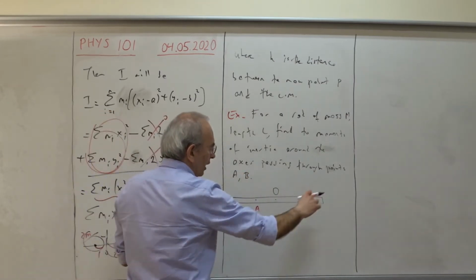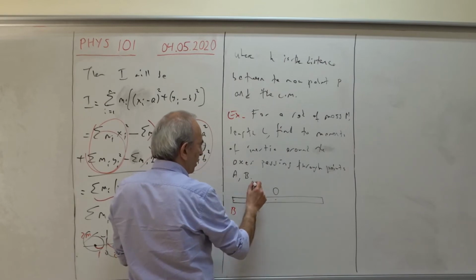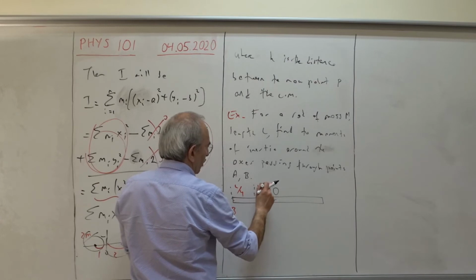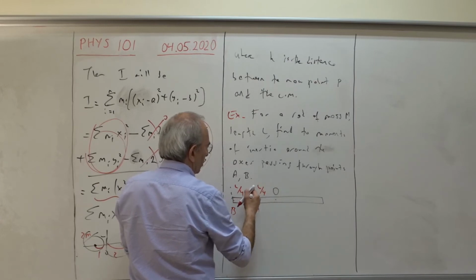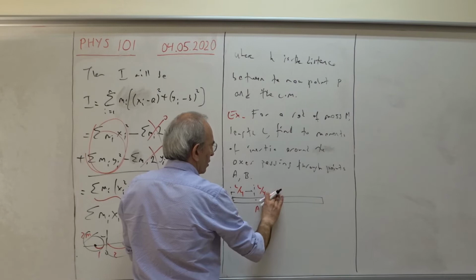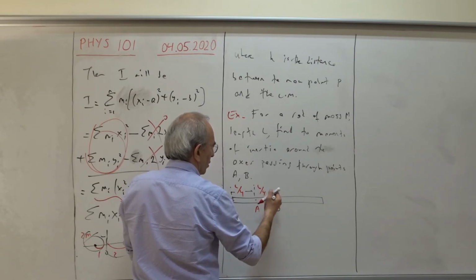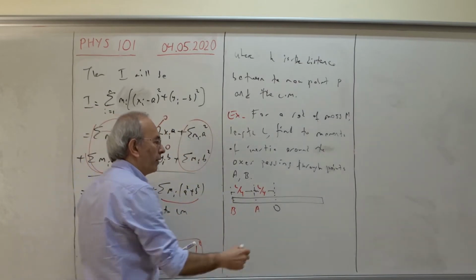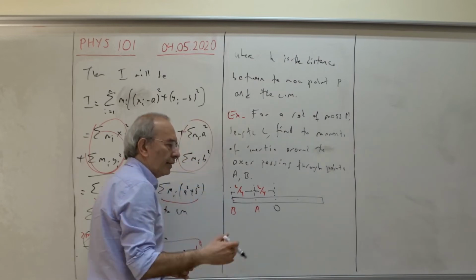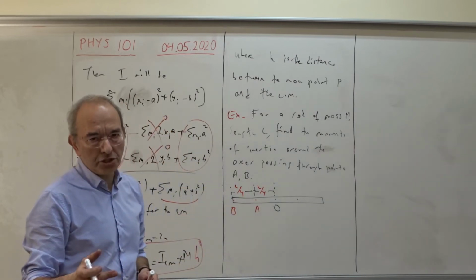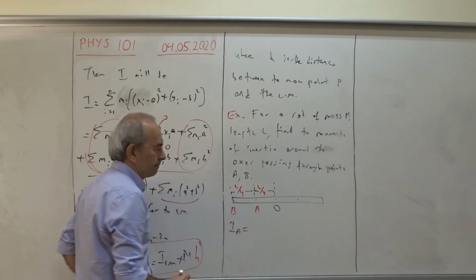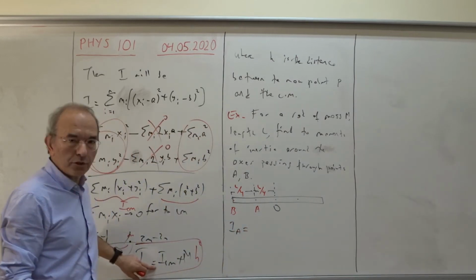This total length is L, but the first part, let's say this is L over 4, this is also L over 4, so these are L over 4, L over 4. You divide it into 4 identical pieces, L over 4 each. Okay. So I around point A. Let's apply this equation directly.